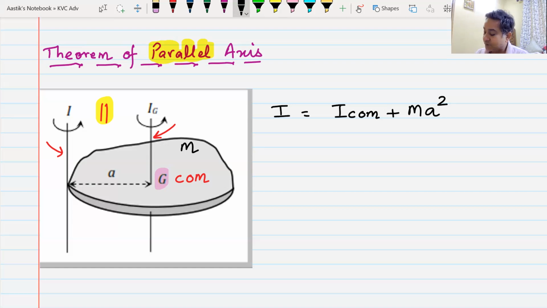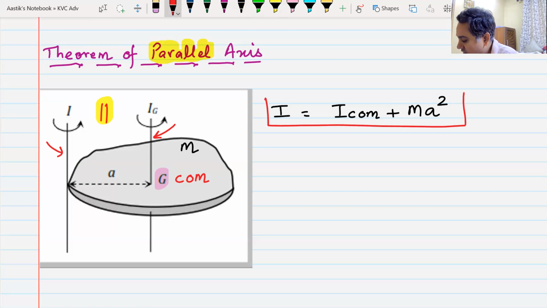So this is what the parallel axis theorem states. The moment of inertia of any body of any size, any shape about an axis which is parallel to the axis passing through the center of mass will be the moment of inertia about the center of mass plus m into a square.